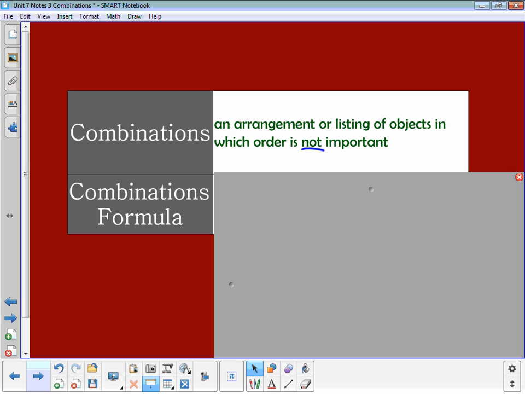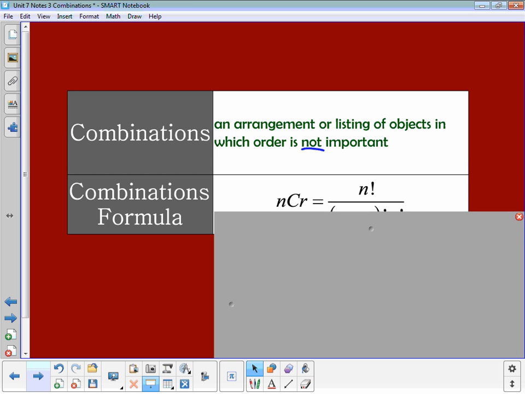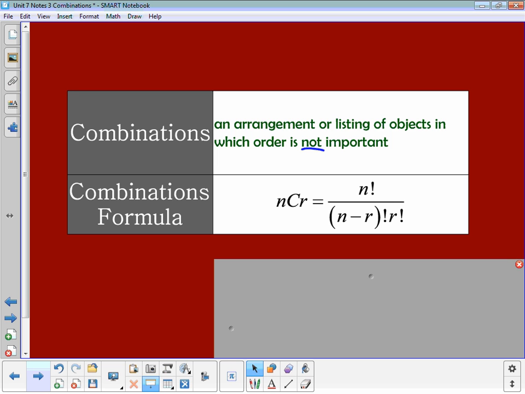Let's take a look at how that changes our formula. There's one very subtle difference from the permutation formula yesterday. We still have n factorial over n minus r factorial, but now I have an extra r factorial in the denominator. Okay, so I'm going to take a look at how that changes my calculations.